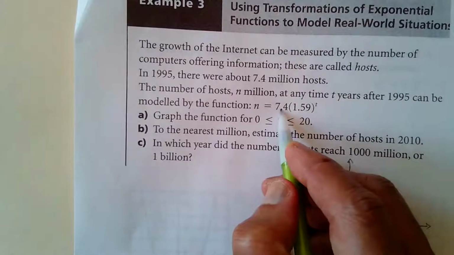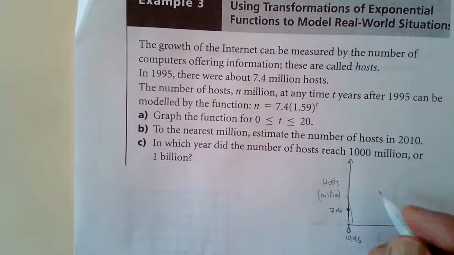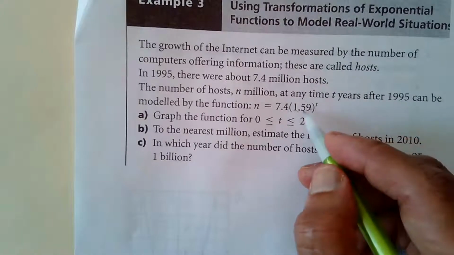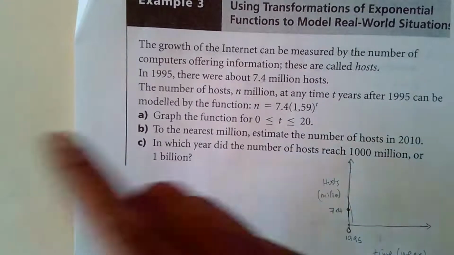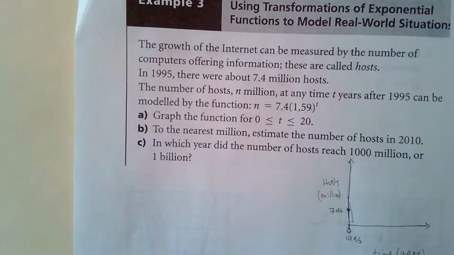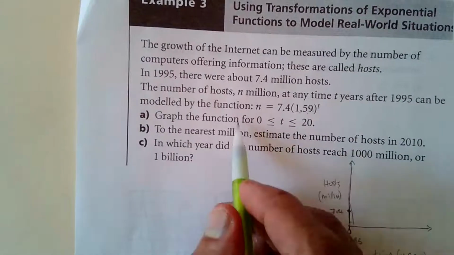This is the initial amount, so this would be 7.4 right here, 7.4 million. It's an exponential function. This is how many times, about 1.5 times, it is increasing each year. And that's your time. So I'll use my graphing calculator to graph this function.